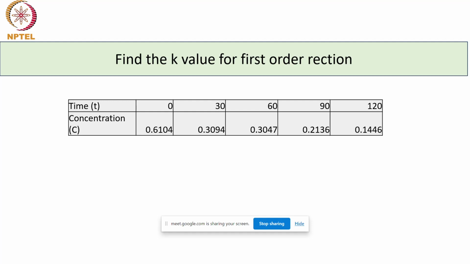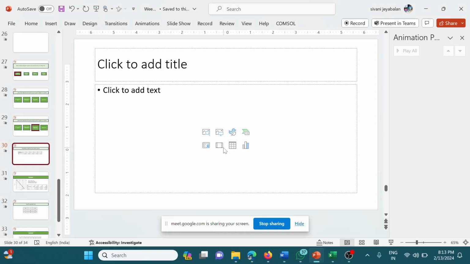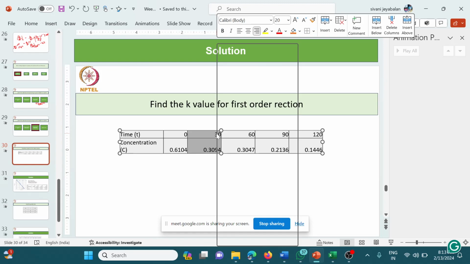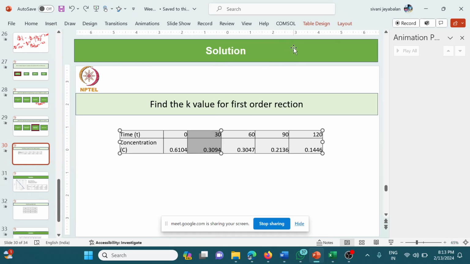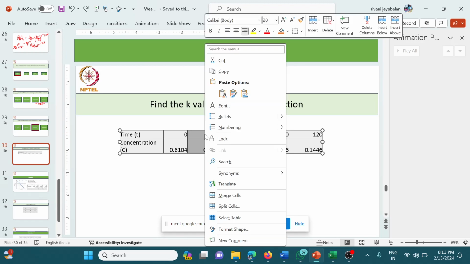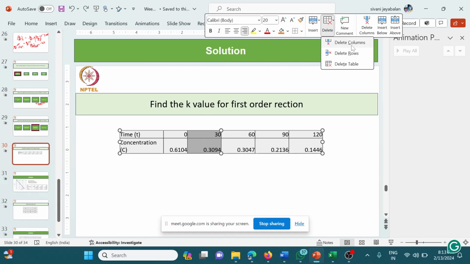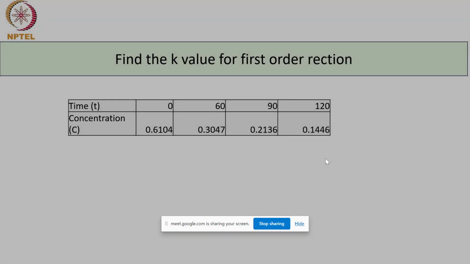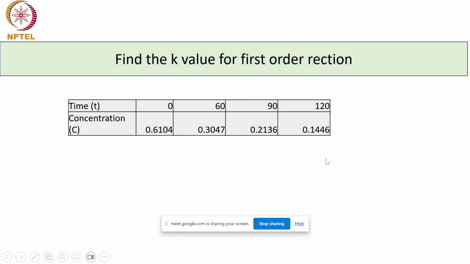Sorry, we will remove this point, the 30 minutes point is not required. At 60 minutes, it is 0.3047. At 90 minutes, it is 0.2136. And at 120 minutes, it is 0.1446.